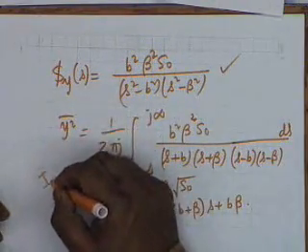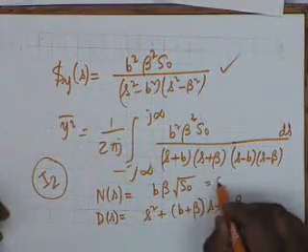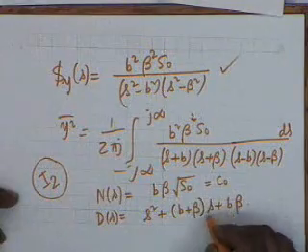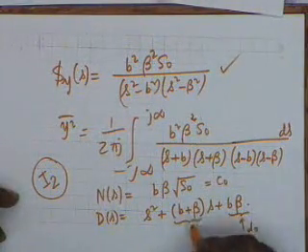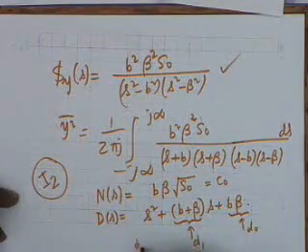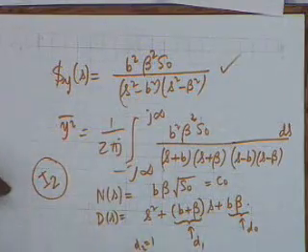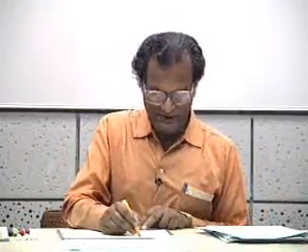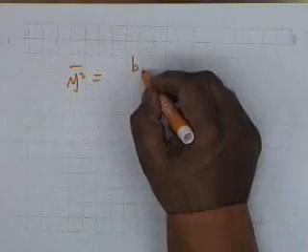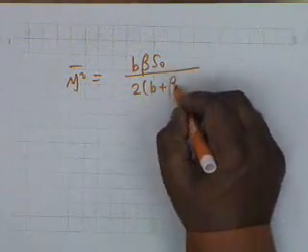This integral is obviously I2, and you have C0 equal to this, D0 is b beta, D1 is b plus beta, and D2 is equal to 1. Now you substitute in the formulas and evaluate I2. The final result is y squared bar equal to b beta S naught divided by twice (b plus beta).